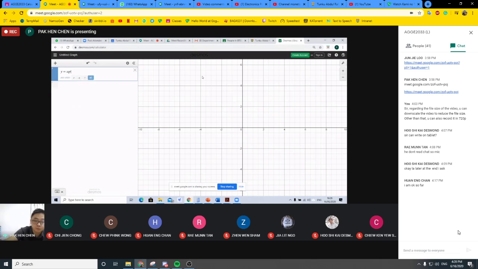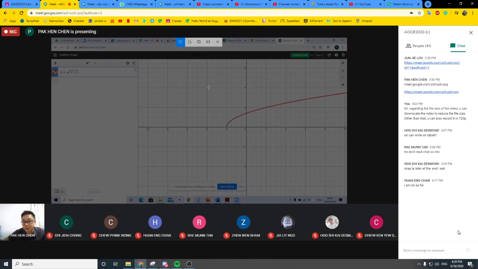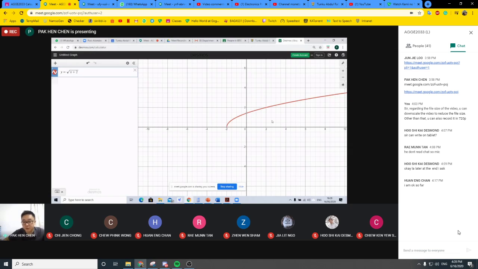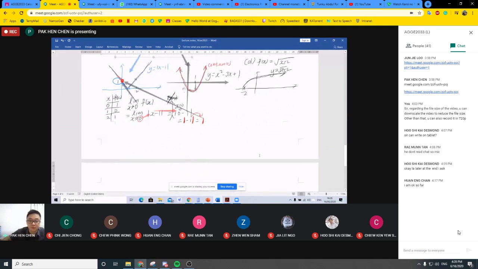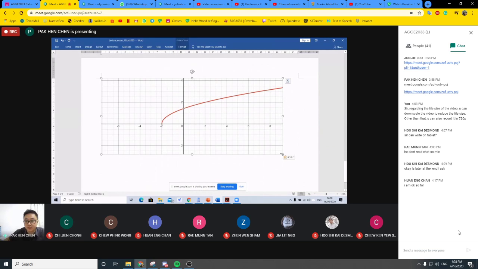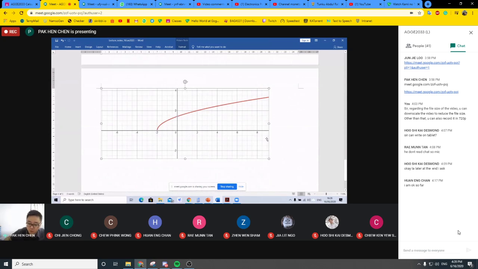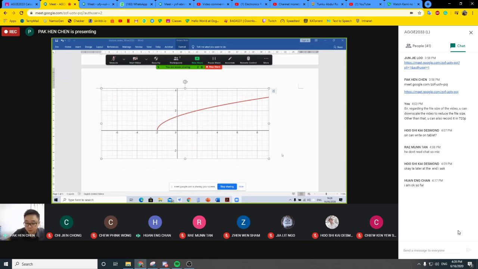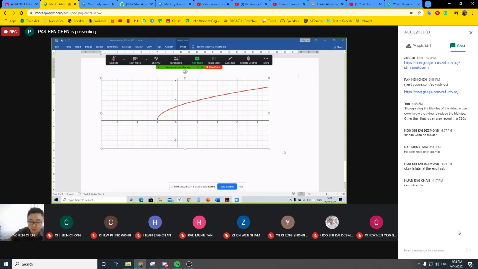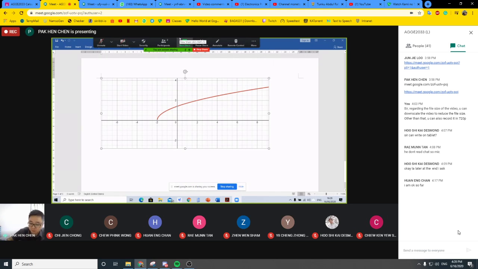y equals the square root of x plus 2. Yes, that's the one. I just want to show you this graph. Can you hear me? Yes. Okay, I would like to tell more detail about this function, y equals square root of x plus 2.